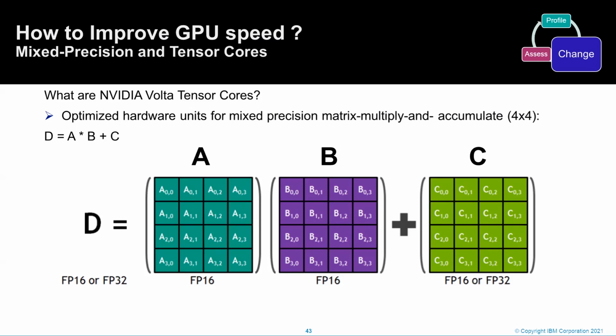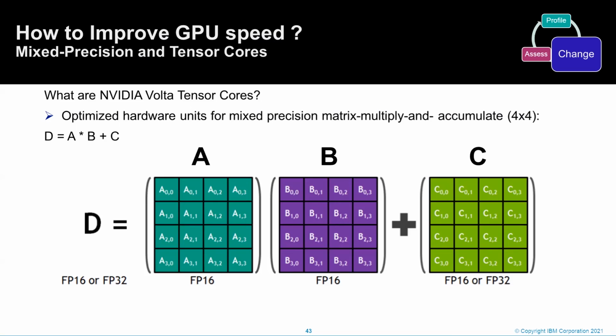You know that in the V100, the latest architecture from NVIDIA, they have implemented these nice tensor cores that are a lot faster than the traditional CUDA cores for reduced precision mathematical operations. It's optimized for mixed precision matrix multiply and accumulate operations like D equal A multiplied by B plus C.